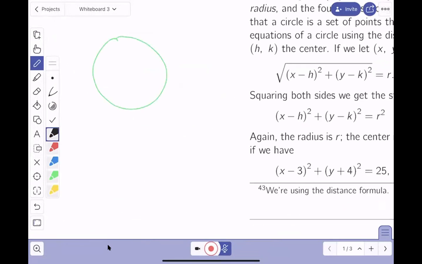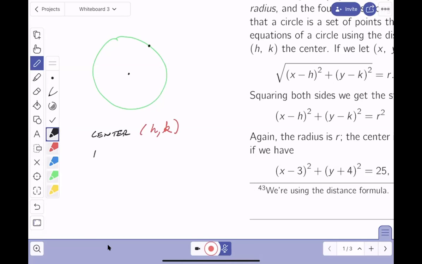All right, I'm going to put a center down, and I'm going to tell you the center. That's my center there, is a point, and I'm going to arbitrarily call it H, comma, K. And then I'm going to pick a point along the circle. It doesn't matter where I pick the point, but I'm going to pick the point over here.